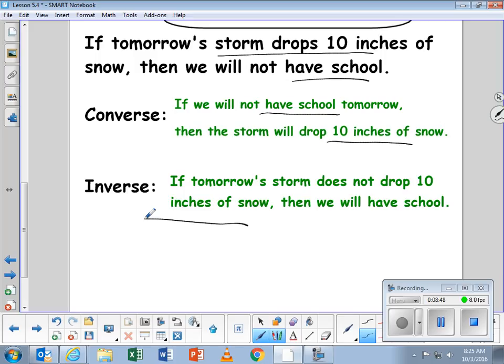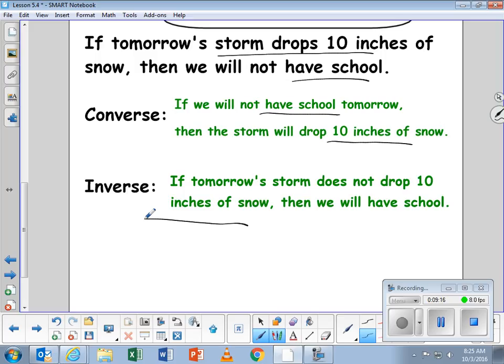Why? What if it snows 9 inches? Good point. That's not 10, is it? Okay, Nikki. Icy roads. What if we have icy roads? Okay, all right. So what you're saying is there are a lot of examples in which we don't get 10 inches of snow that we still might not have school tomorrow, right?